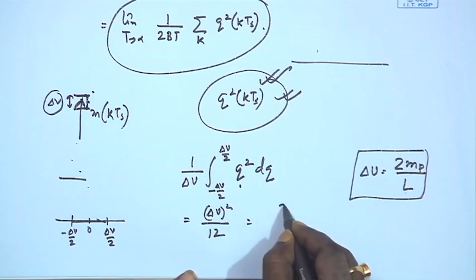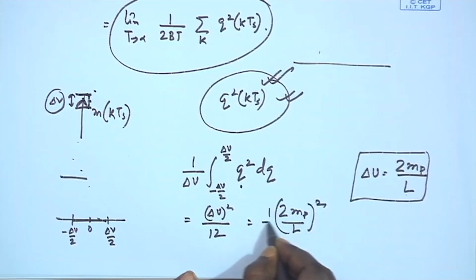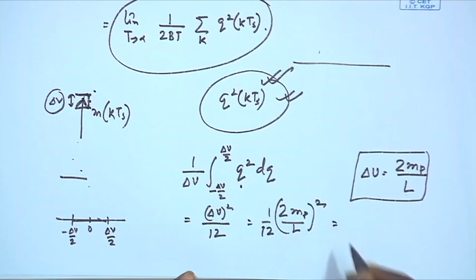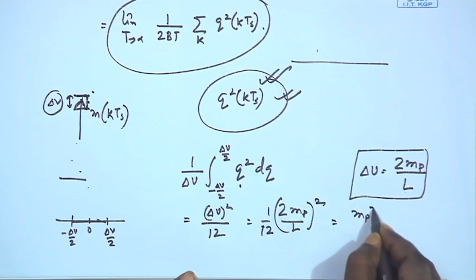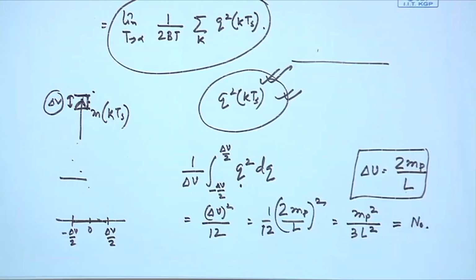I can put that as 2 mp by L, whole square, divided by 12. Okay. So, or mp square by 3 L square. Okay. This is the noise. This is called the quantization noise of a signal.